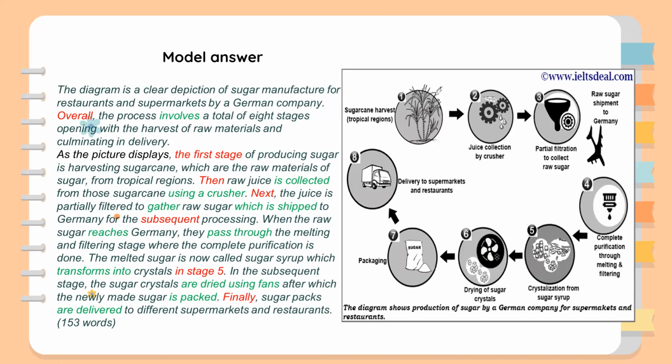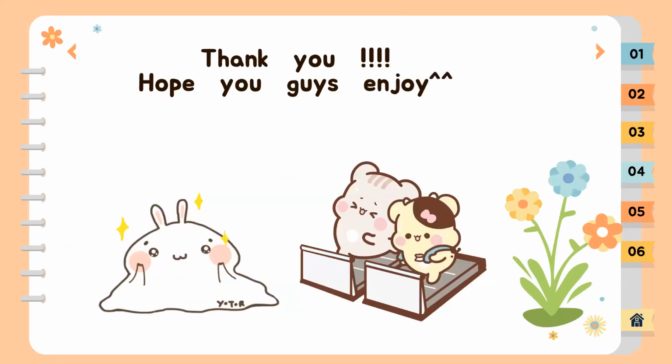Also, the words that I highlight in green are maybe your own words. I mean, your range of words, your knowledge. So you can use your own words to describe these processes. Okay, so that's the end of my speaking presentation. Thank you.